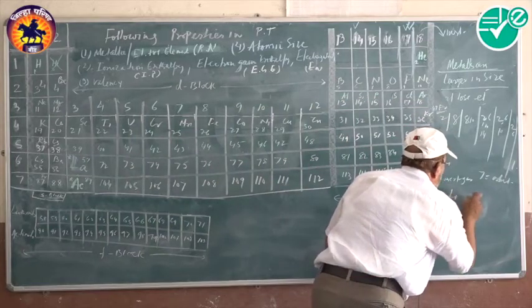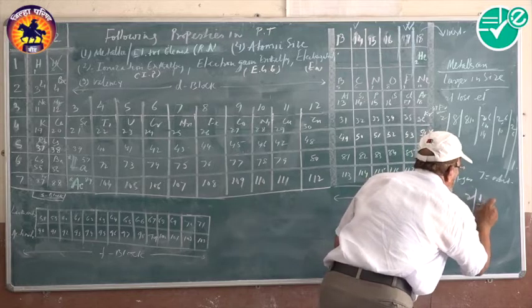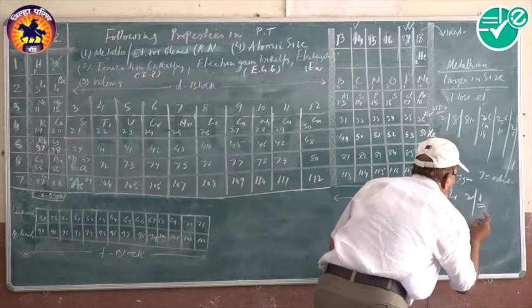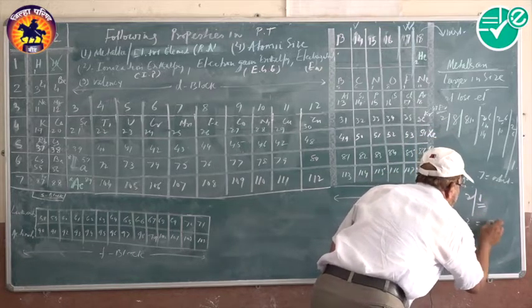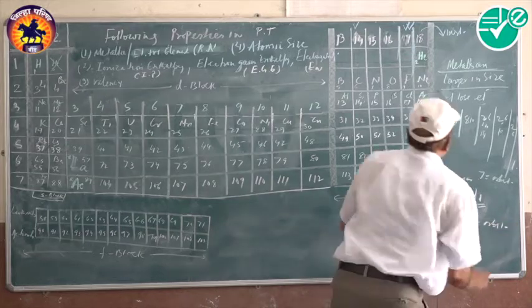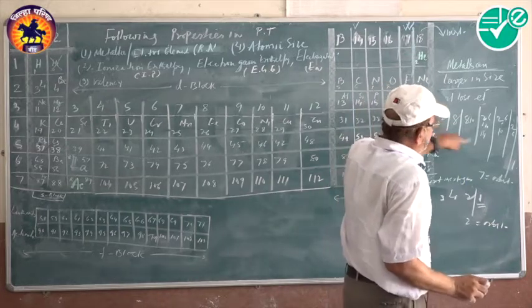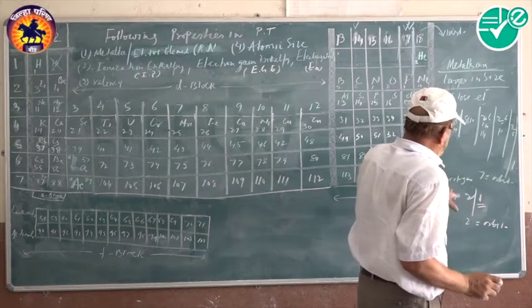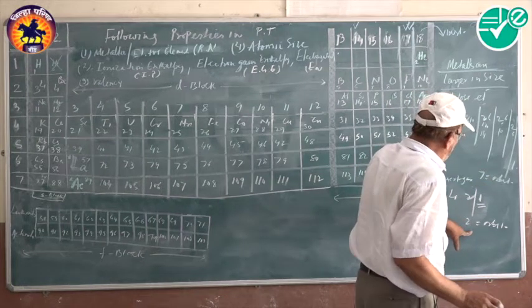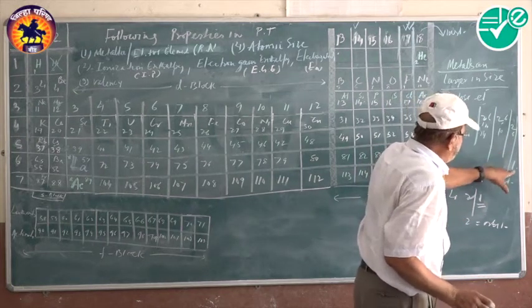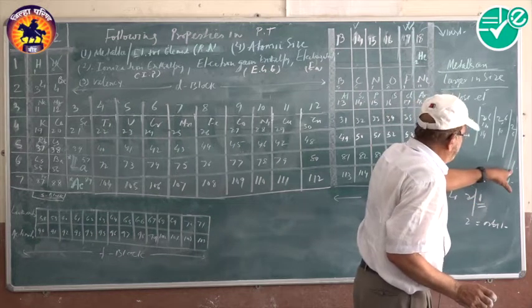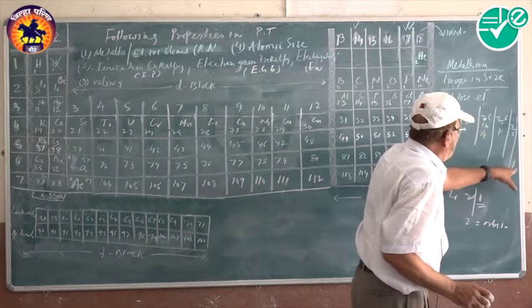But in case of lithium, it is 2 and 1, only 1 electron, 2 orbits. In case of francium, there are 7 orbits. But in case of lithium, there are 2 orbits. And valence electron is the same, 1 and 1. Therefore, these two are in the same group, the first group.